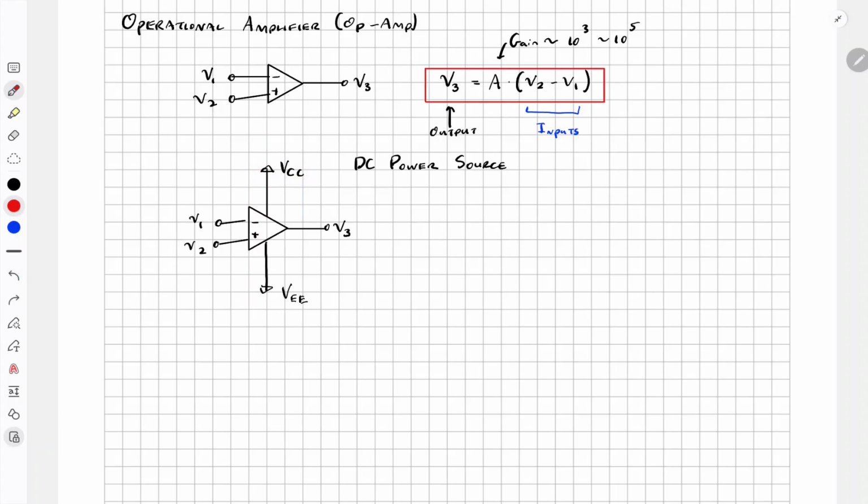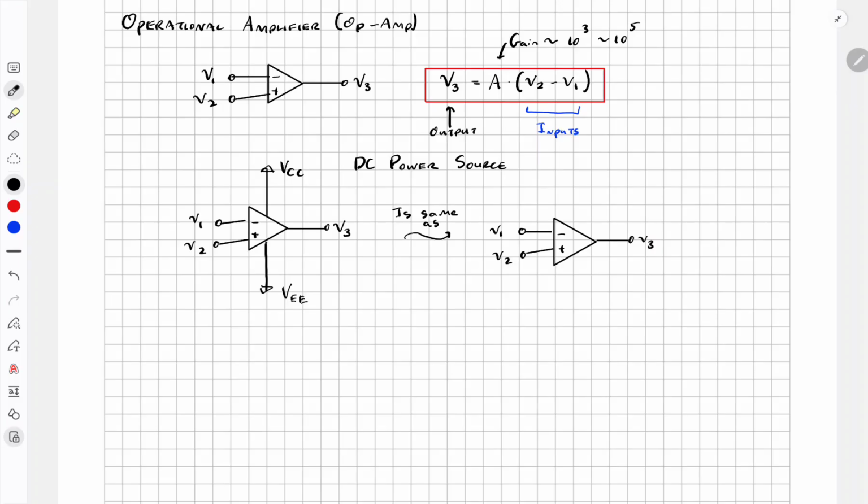What does that intuitively mean? We'll put the triangle of the op-amp back, with V1, V2, and the output V3.